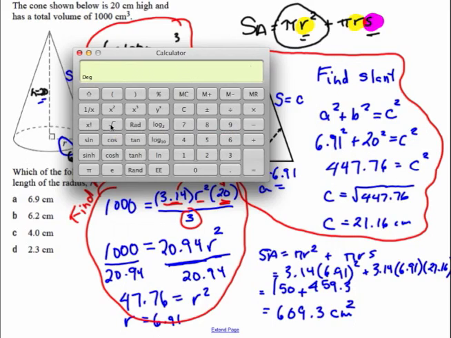So if I take the square root, basically my paper has to be 24 or 25 centimeters by 25 centimeters. So think about a paper the size of a regular 30 centimeter ruler, a little bit smaller, by a 37 ruler. That's how much paper would be required to create a cone that would hold 1 liter volume or 1,000 centimeters cubed.